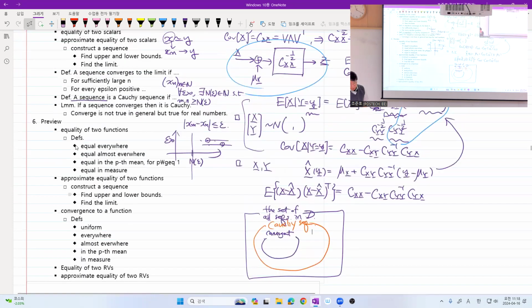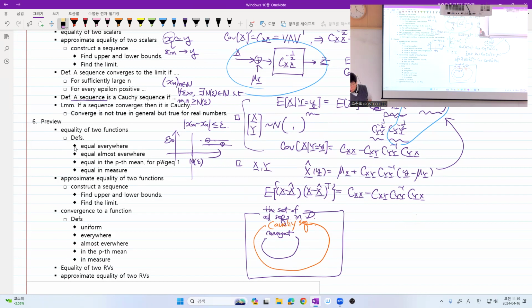Anyway, this is different from a very confusing thing. Consider some sequence x_n.